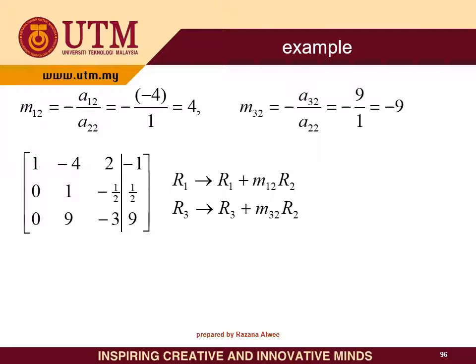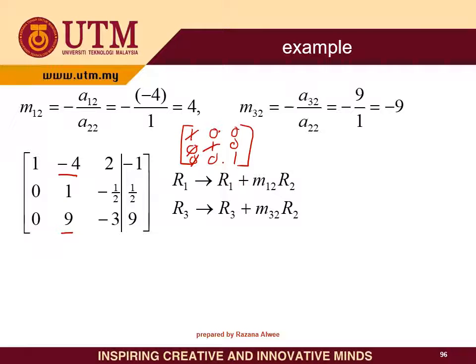Then we want to make these two columns 0, because according to our reduced echelon form, 1 and 0 0. We already finished with this, so on to the next.